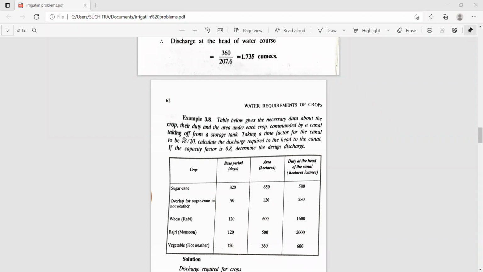So the ratio of the number of days the canal has actually run divided by the irrigation period is called the time factor for the canal. Calculate the discharge required at the head of the canal if the capacity factor of the canal is 0.8.